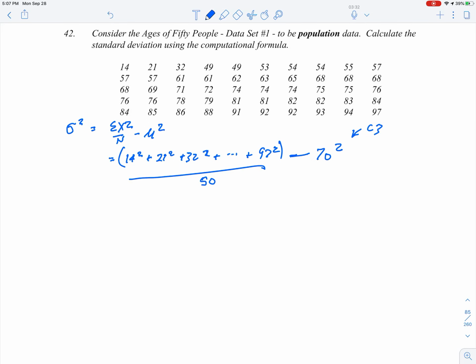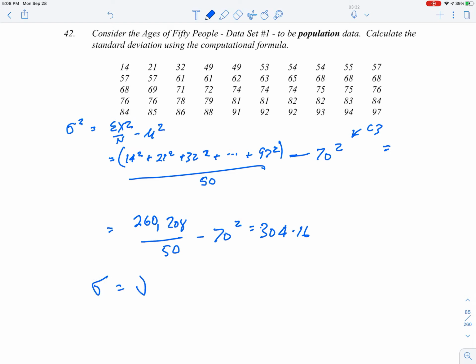Okay. And this whole thing then comes to, let's see. Let's do it down here. The numerator is 260,208 over 50 minus 70 squared. And that comes to 304.16.